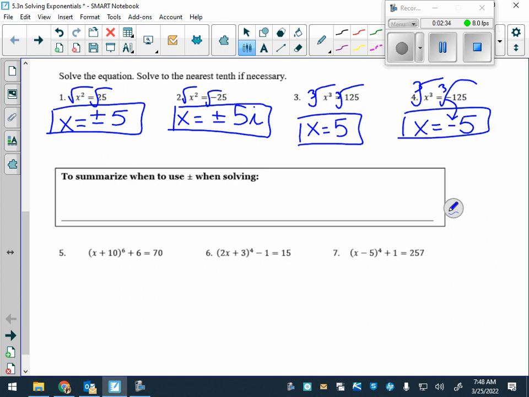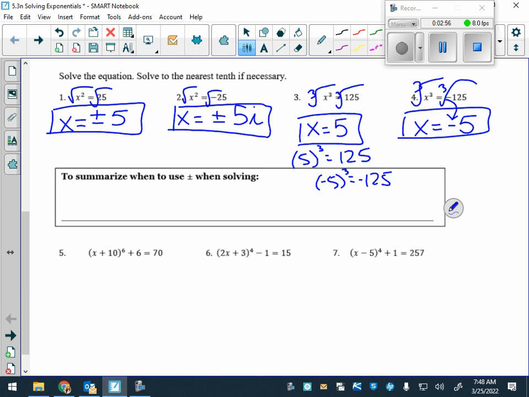Because we're taking an odd root, the cube root. So if I had, let's say, 5 cubed gives me 125, right? But negative 5 cubed will give me negative 125, which is not the same. So it's only that singular answer.